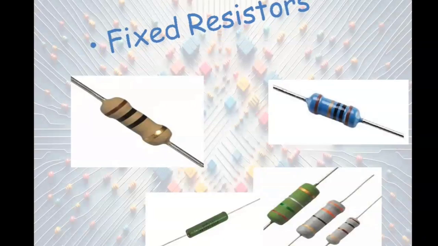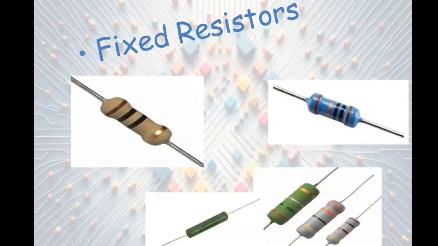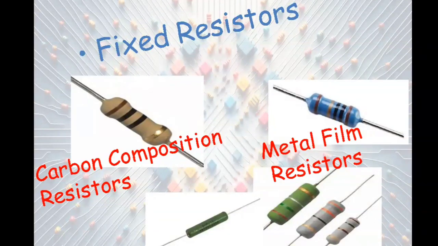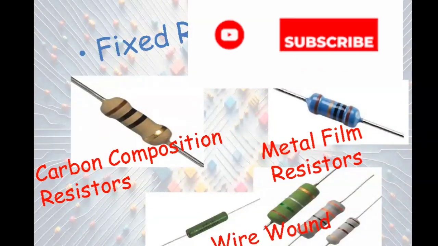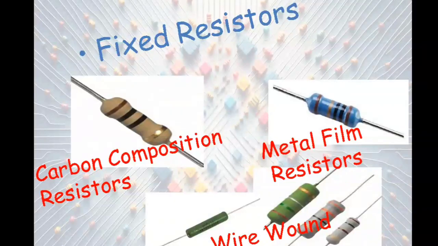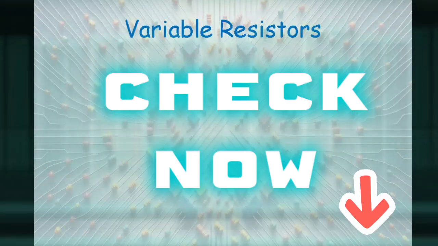You can see these are the fixed resistors, and there is a change in manufacturing. These are the carbon composition resistors, these are metal films, and these are the wire one. All the resistors have a color code, and you can find out the value of the resistor by the color code, which we already went through. Just go and check the video.